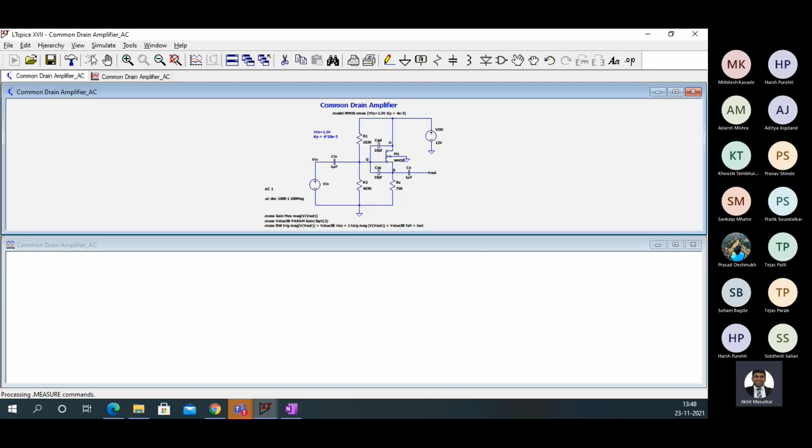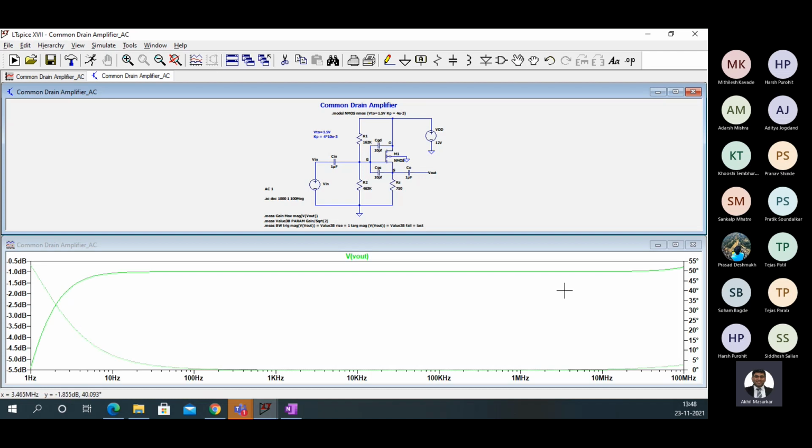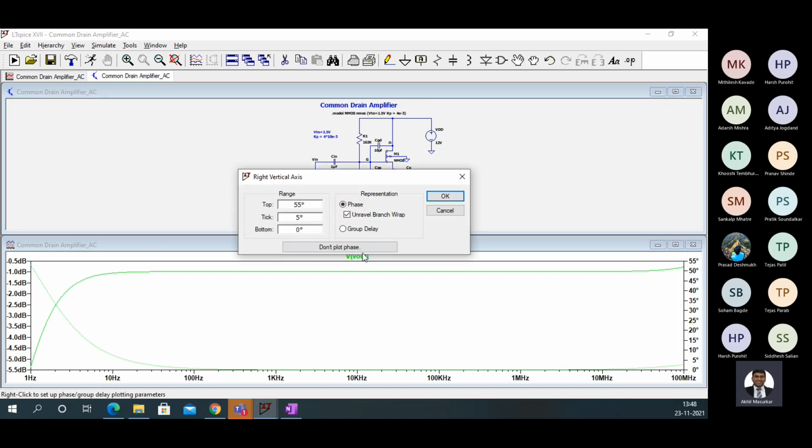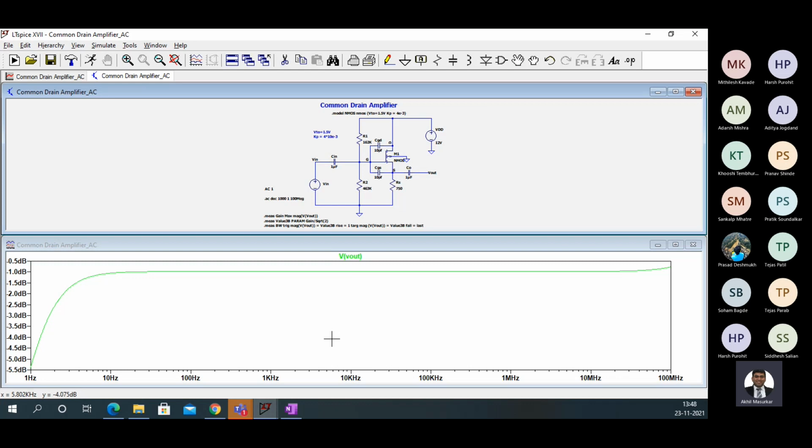So why I am showing this is because I would like you to see the frequency response, which is somewhat like this.